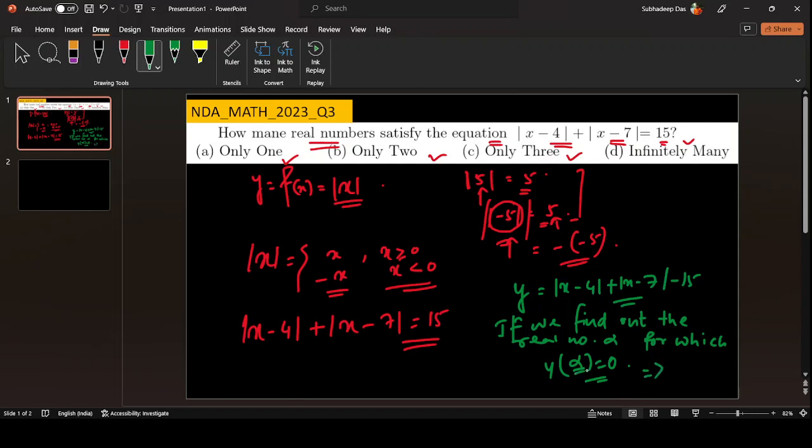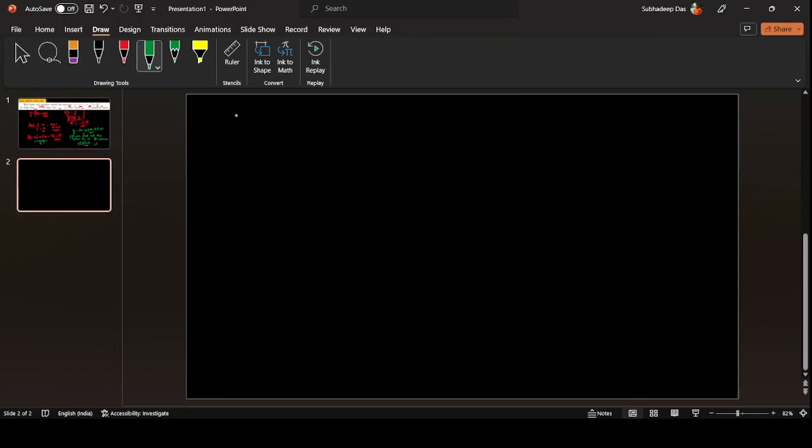Because if y(alpha) = 0, then alpha also satisfies this equation, right? So our main aim is to find the alpha for which y(alpha) = 0.